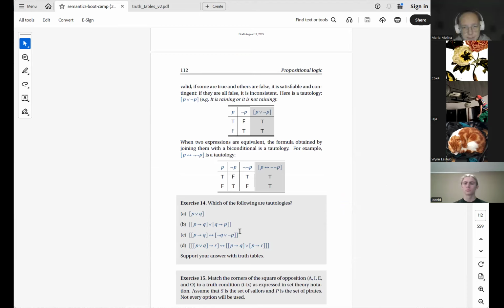What about C? P to Q if and only if not Q and not P. Tautology or not?